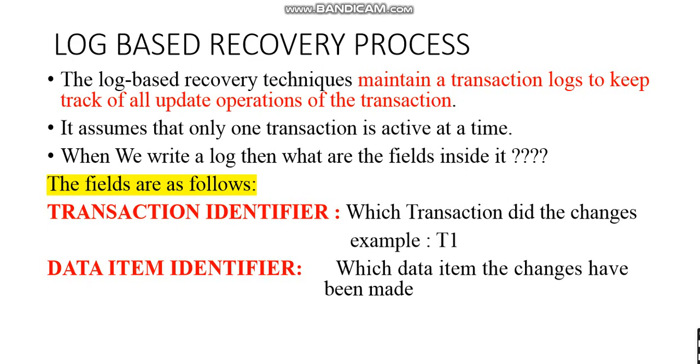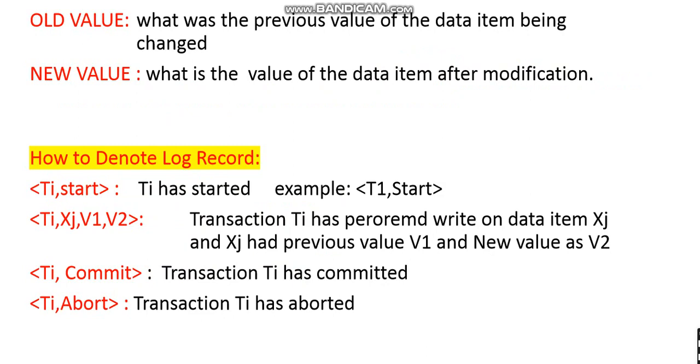Data item identifier: on which data item the changes have been made. Suppose the data item is A. A is the data item which is modified by the transaction T1. Next, old value: what was the previous value of the data item being changed?